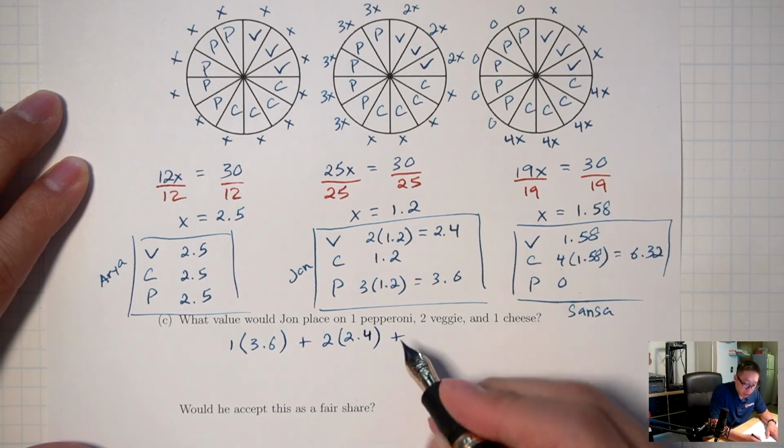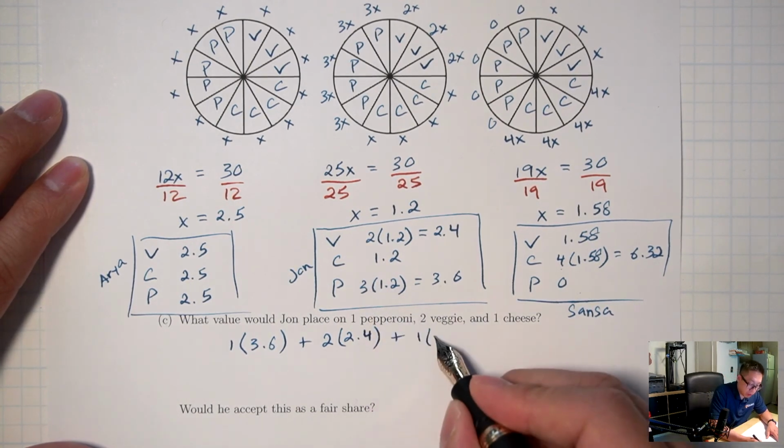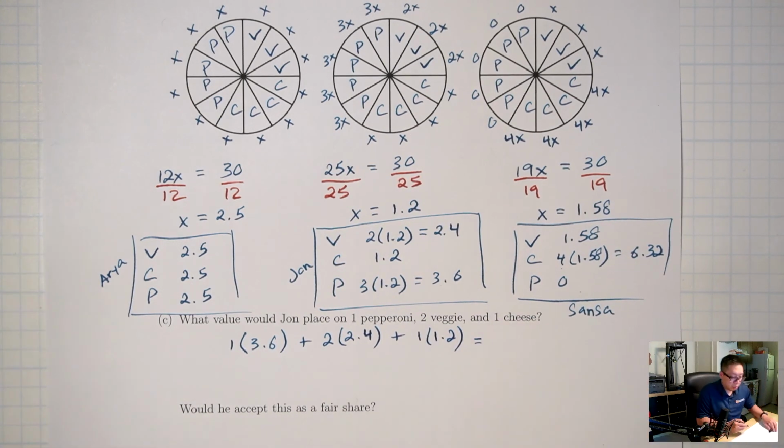Plus 1 cheese, 1 times what he values cheese, so 1 times 1.2. Do this on a calculator. So 1 times 3.6 plus 2 times 2.4 plus 1 times 1.2. 9.6.